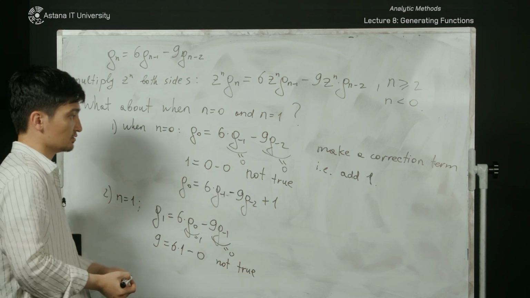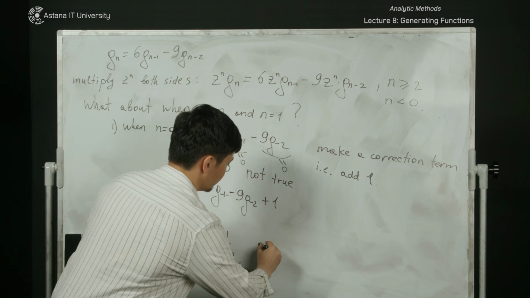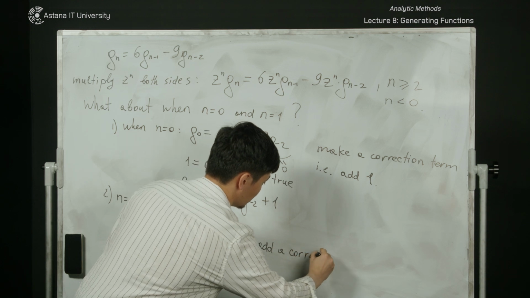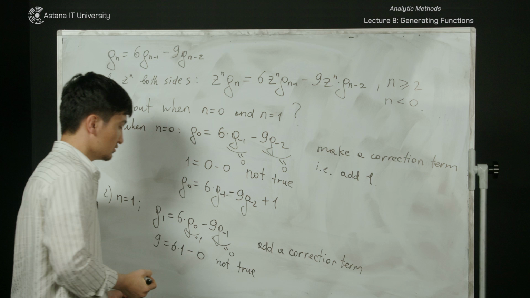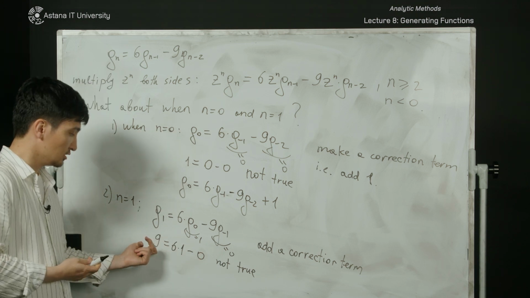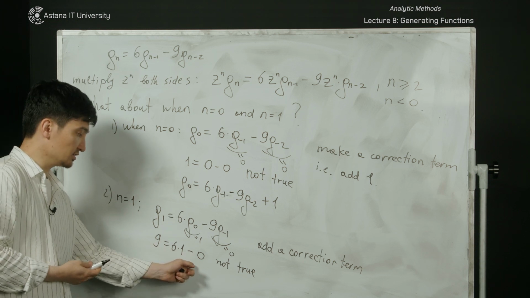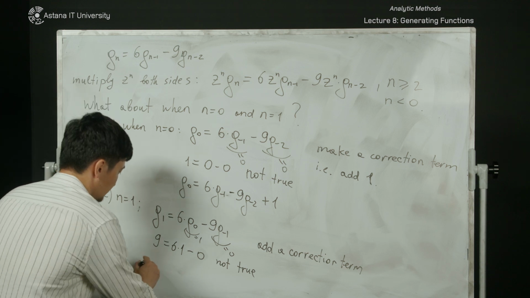So we have to again introduce a correction term. The correction term in this case will be 3, because to make it true, we need to add 3 on this side. So I will have to write it like this.